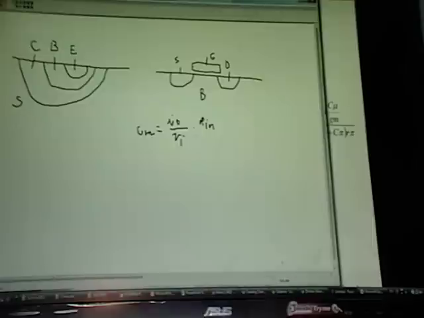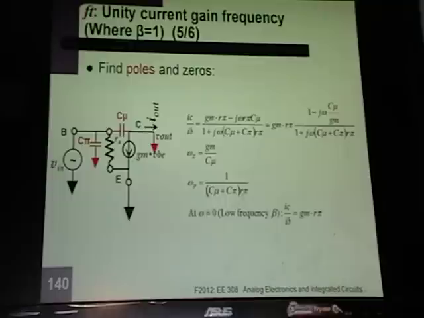Okay, here's V in. So R in over V in. If you do the math, that just equals I out over I in, which is what beta is. So all of this makes sense, which is good.